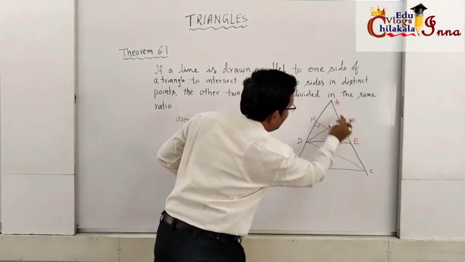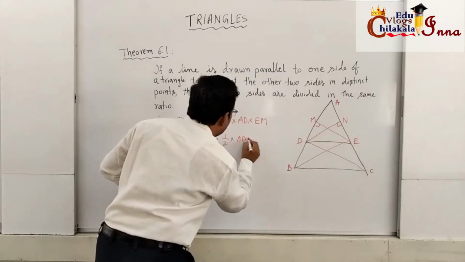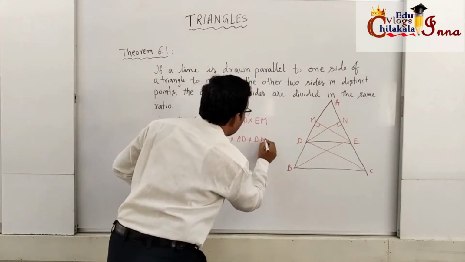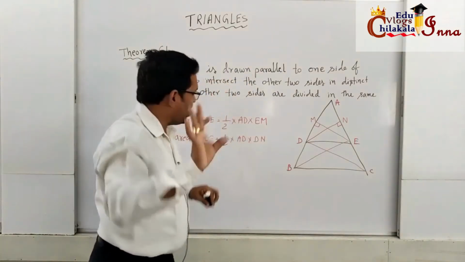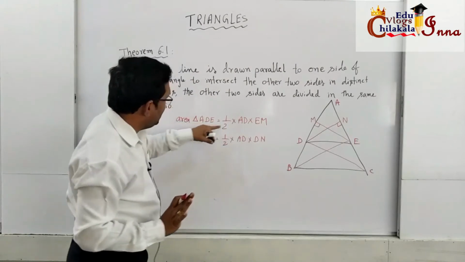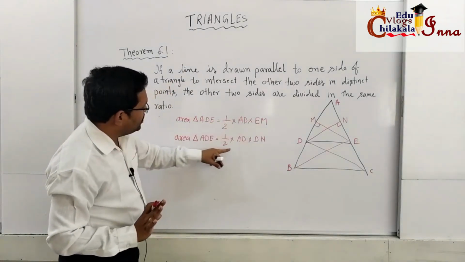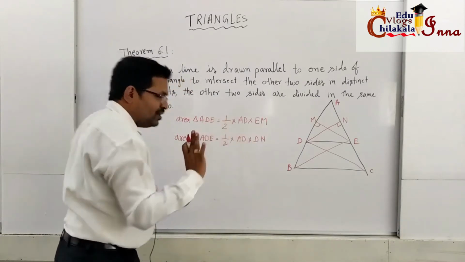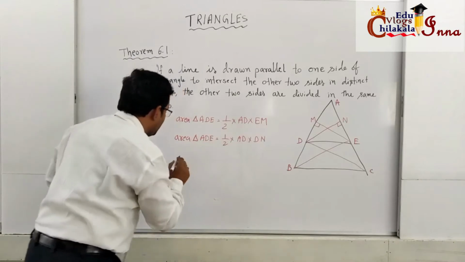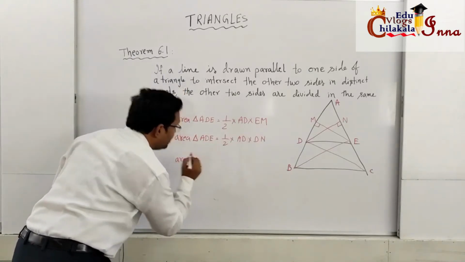Half into AE into DM. This is very, very simple. You should know the area of a triangle. Area of triangle ADE, half into AD into EM. Area of triangle ADE once again, half into AE into DM.